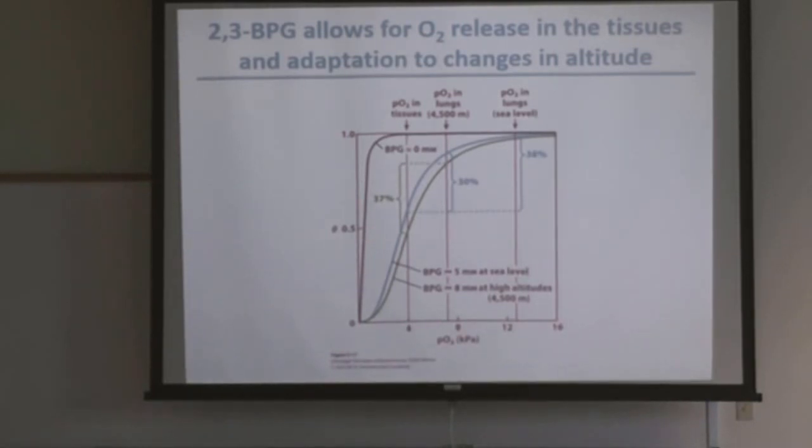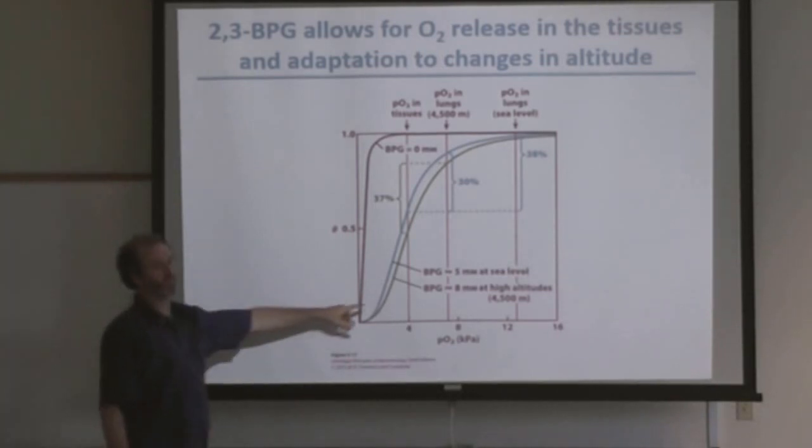Also, I don't think it's in the book. Does it talk about fetal hemoglobin at all? In reference to 2,3-bisphosphoglycerate? So fetal hemoglobin, in development fetuses go through multiple different stages of the hemoglobin. And near the end, the fetal hemoglobin has a lower affinity for the 2,3-bisphosphoglycerate.